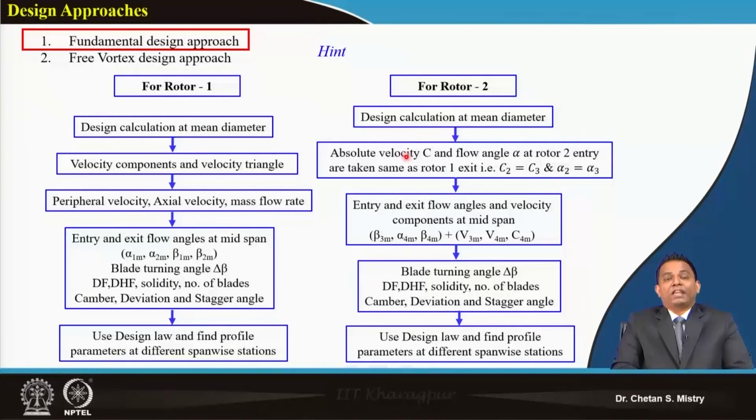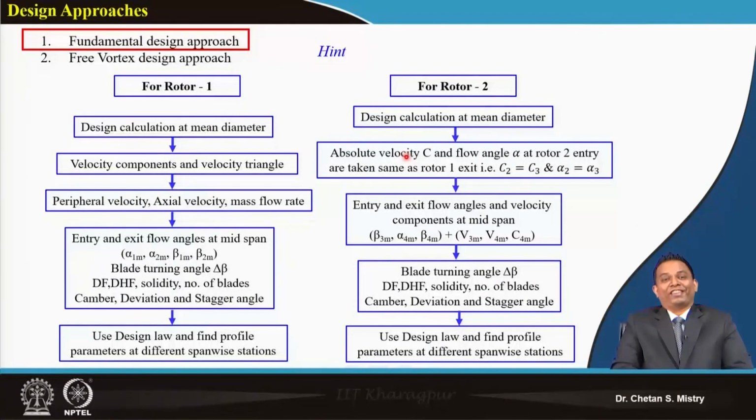We are assuming in the same way that the absolute velocity with which the flow comes out from rotor 1 will go to rotor 2. So, my exit velocity from rotor 1 is C2, and my C3, which is my entry absolute velocity, they both are the same. This is our assumption for the design.